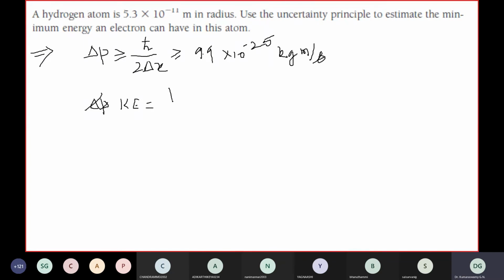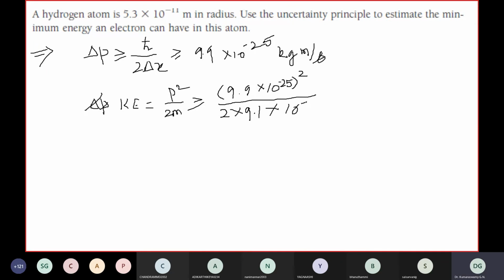Kinetic energy is equal to P square by 2m, which is greater than or equal to (9.9 × 10^-25) squared divided by 2 into m. What is m? Mass of the electron, 9.1 × 10^-31.